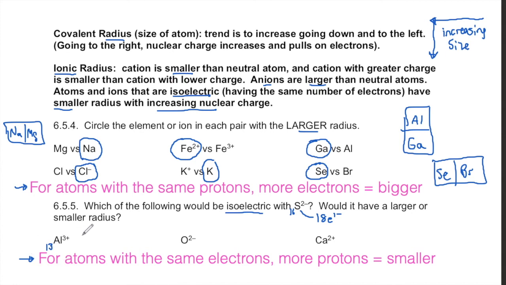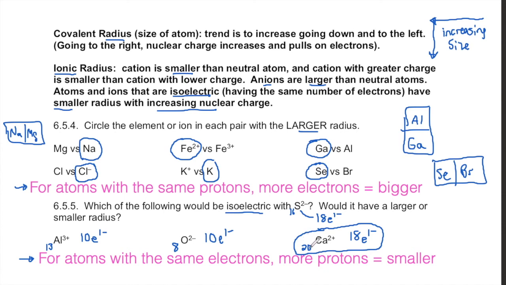A +3 charge would give it 10 electrons. Oxygen is atomic number 8. A -2 charge would give it 10 electrons. Calcium is atom 20, and a +2 charge would give it 18 electrons. So the answer is that the calcium ion would have the same number of electrons.